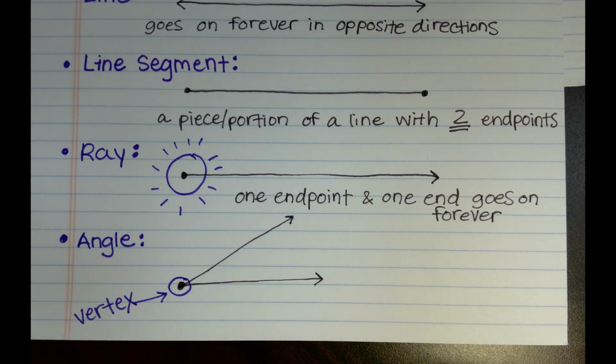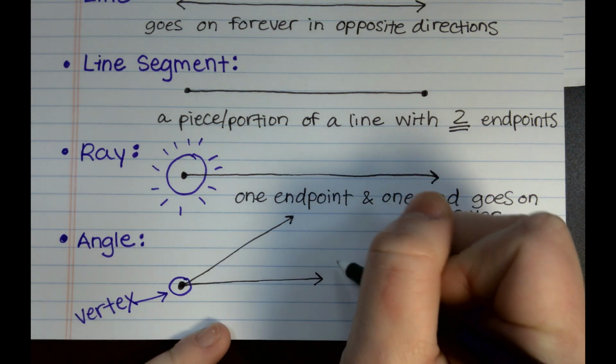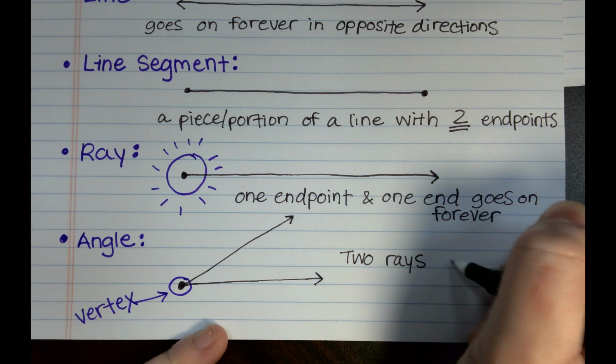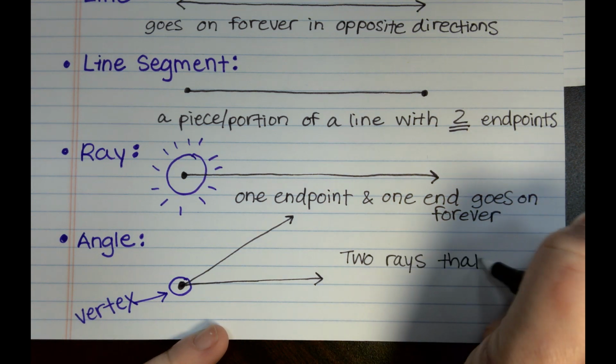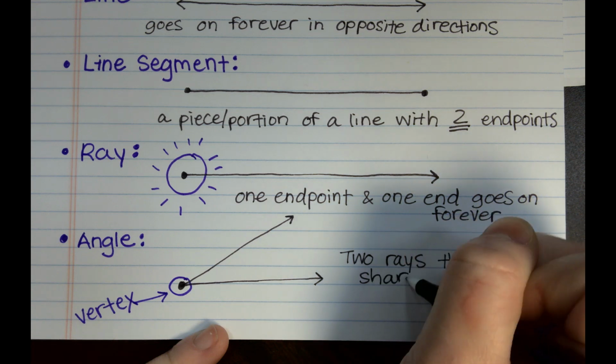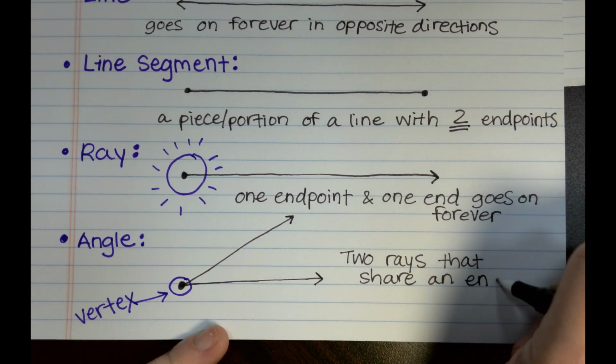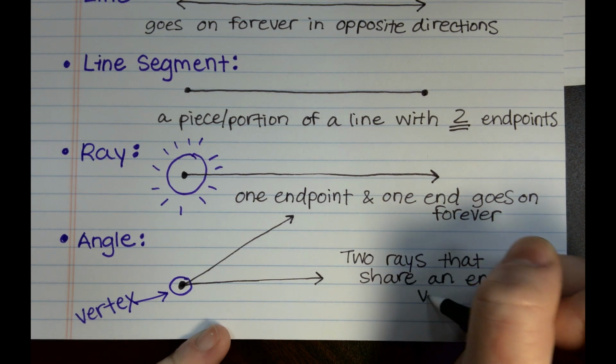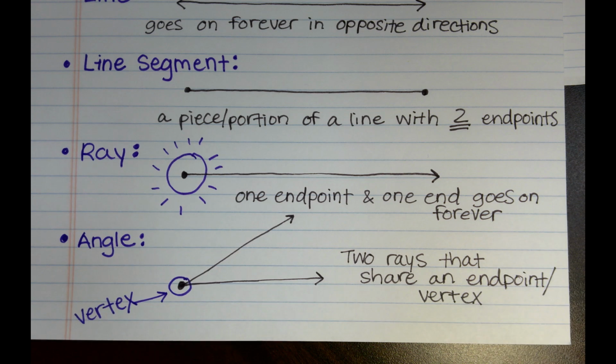So to describe an angle, if you want a definition to go with it, we're going to say two rays that share an endpoint. Now, based off of just what I have shown you, could anybody tell me what they think the difference might be between a vertex and an endpoint?